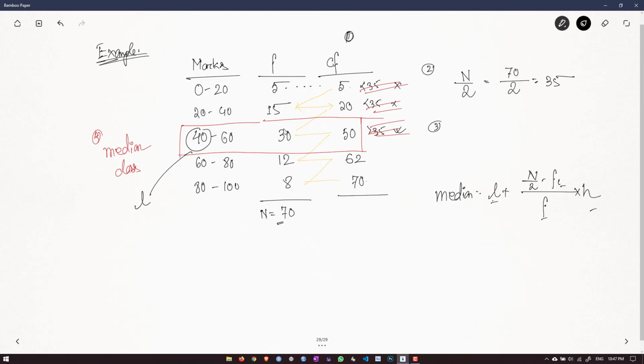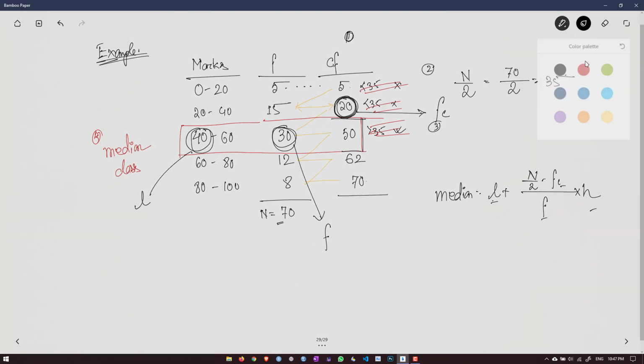This is your L. This value over here for this F will be our F, right? So this is L, this is F, and the value just before your median class is your FC, fine.